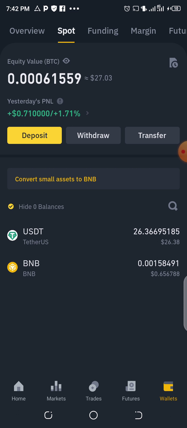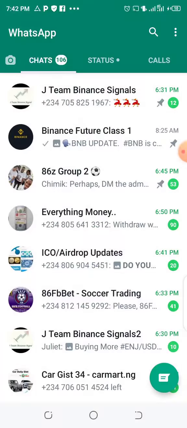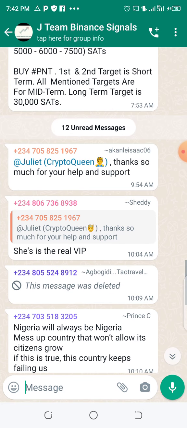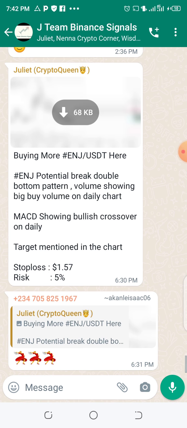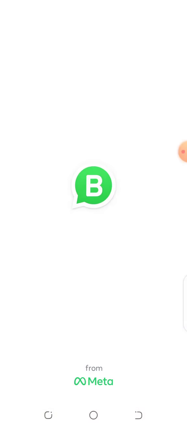Now let's look at how to pick a signal when a signal is being dropped. Let me check if there is any signal tonight. Let me see if I can see any signal in any of my groups.